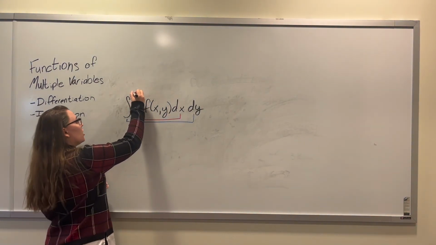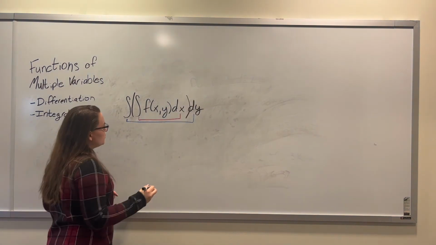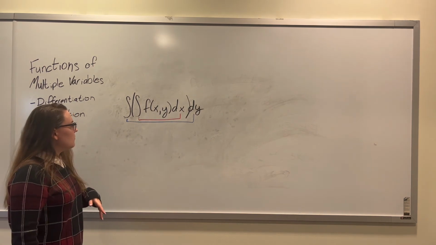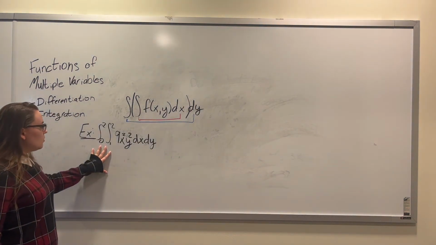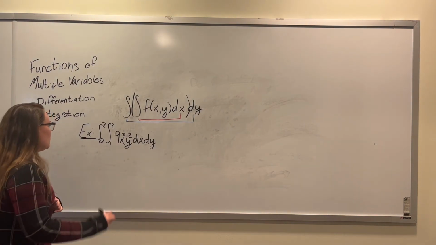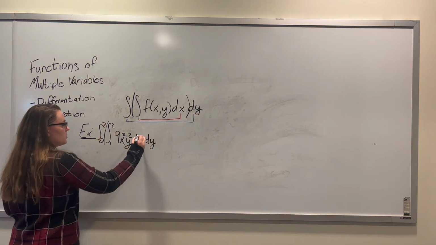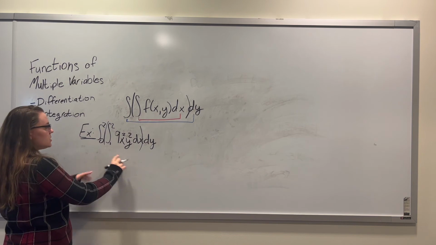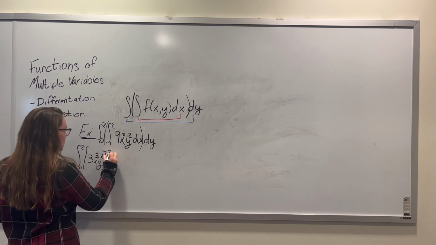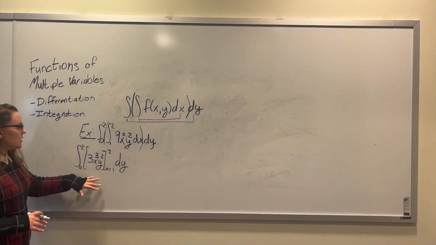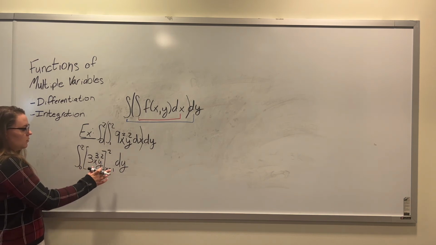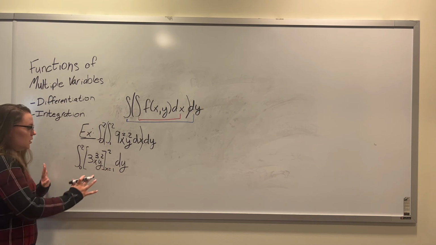Just imagine that there are parentheses surrounding each of the different parts of the integral in order to get them all correctly oriented. So for example, we want to take the definite integral of this function 9x squared y squared dx dy. So first thing that we want to do, I'm going to go ahead and draw in some parentheses so we can look at just the inside integral first. So when we integrate with respect to x, we get 3x cubed y squared from x equals 1 to 2 inside this definite integral.